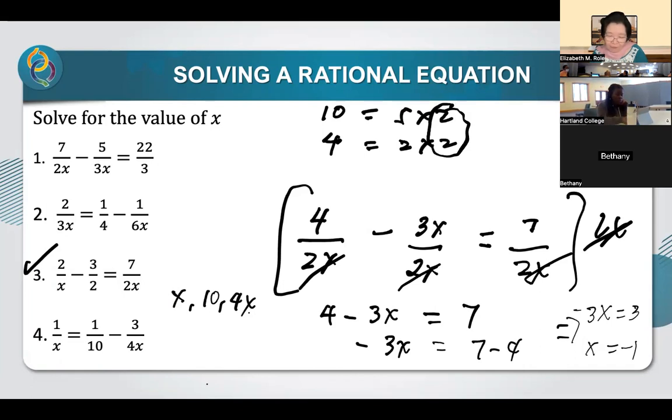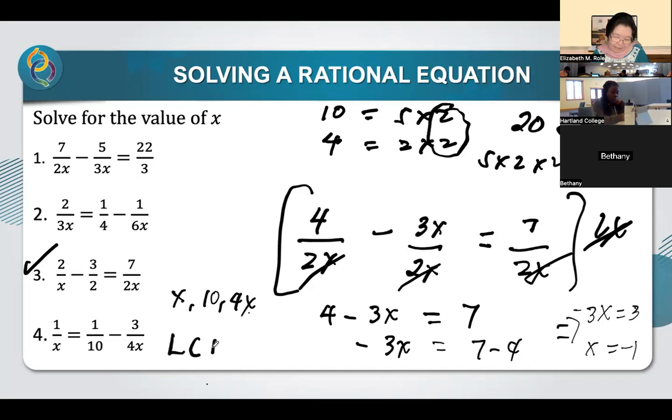So 5 times 2 times 2 is 20. So 20 is your LCM. And there's an x, so it will now be 20x. So the LCM is 20x.